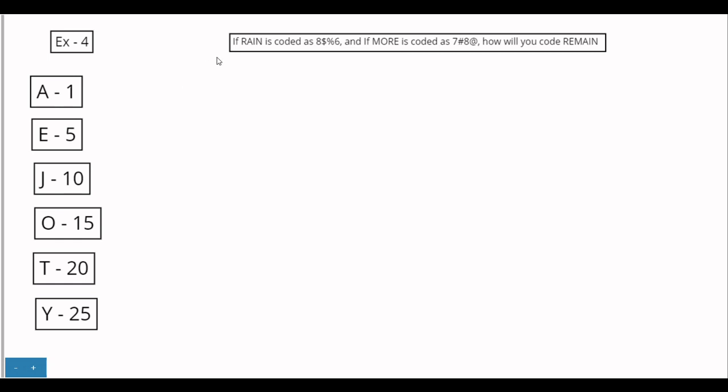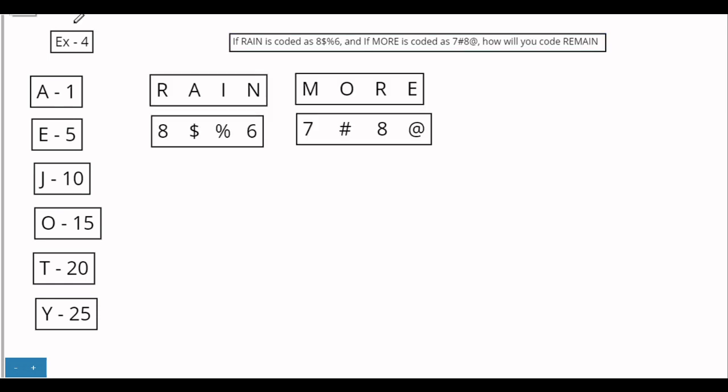Now in the fourth example, if rain is coded as $8 symbol, percentage 6, and if more is coded as 7, hashtag 8, at, how will you code remain?